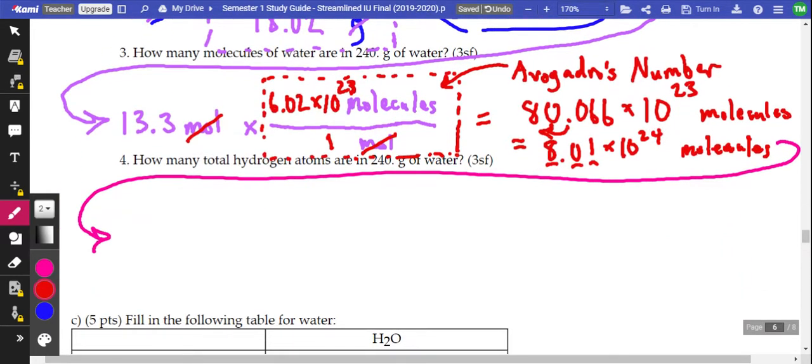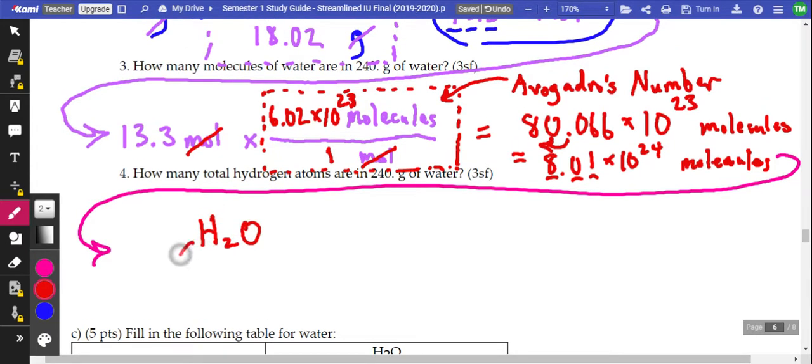We don't have any strict rule or relationship between a certain number of atoms and a certain number of molecules. It just depends on what substance we're dealing with. So if I have a molecule of H2O, that has 2 atoms of hydrogen and 1 atom of oxygen.